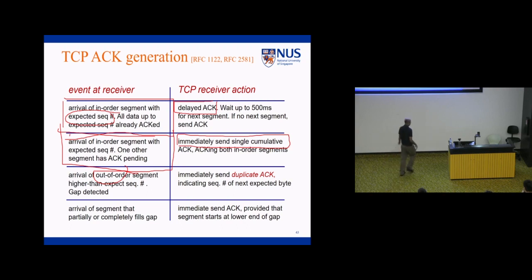In this case, we do not wait. We do not do any delayed acknowledgements. What we do is immediately send an acknowledgement. And we do cumulative, right? So this will be a repeat of the acknowledgement for the previous packet.